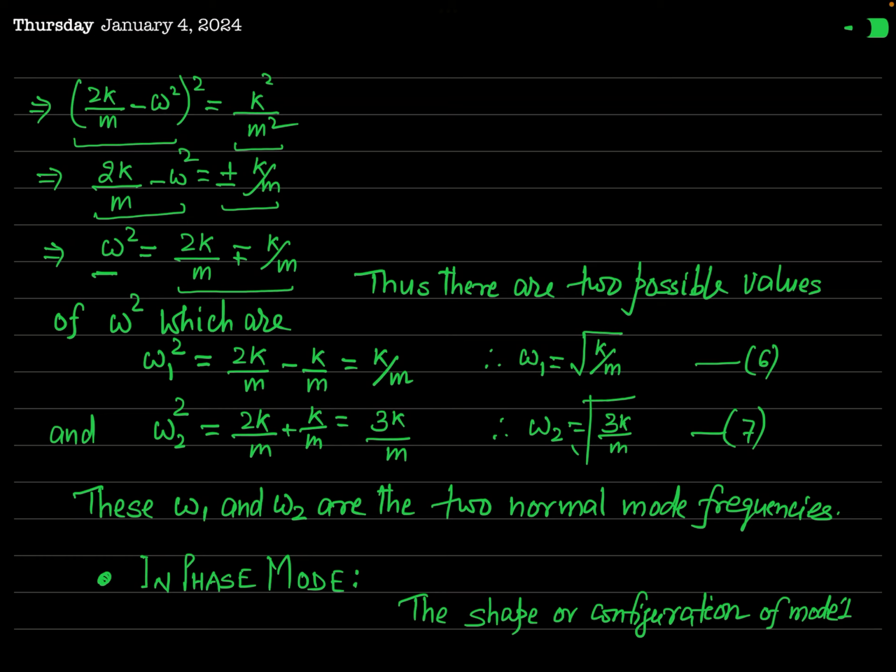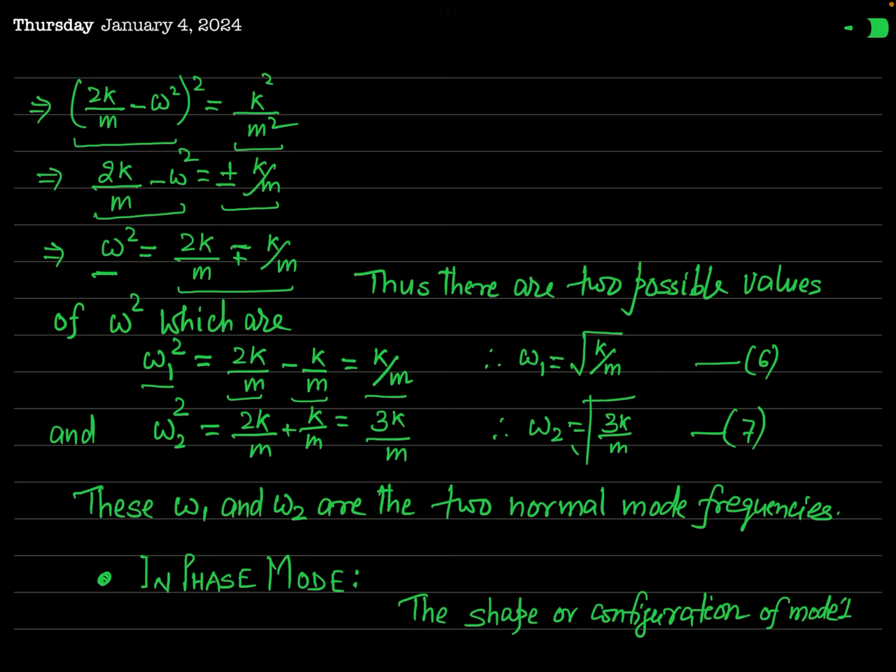So from this result, it is evident that there will be two possible values of omega square. And what will be those values? If you write the first value of omega square as omega 1 square, then omega 1 square can be obtained by taking the minus sign here. So omega 1 square is equal to 2k over m minus k by m, and that will be simply equal to k by m.